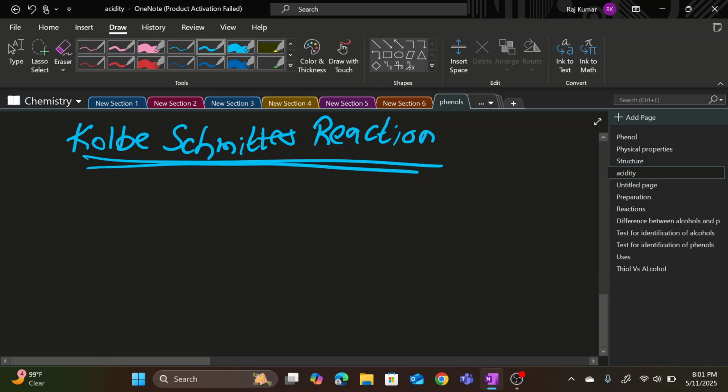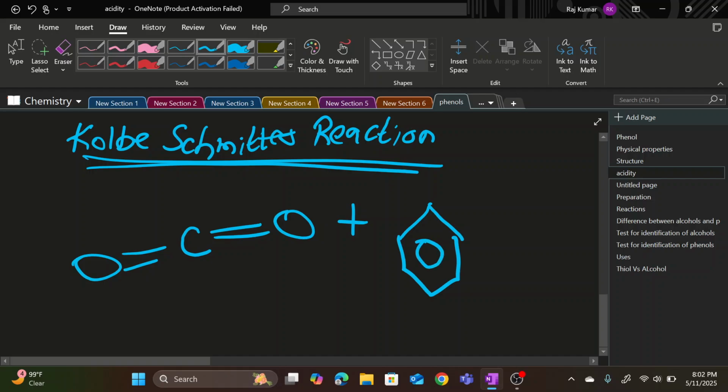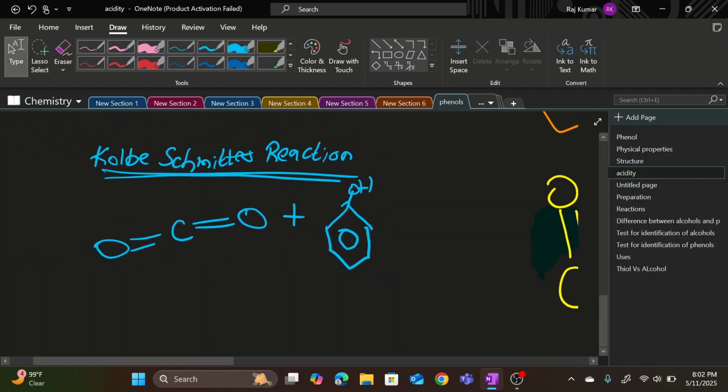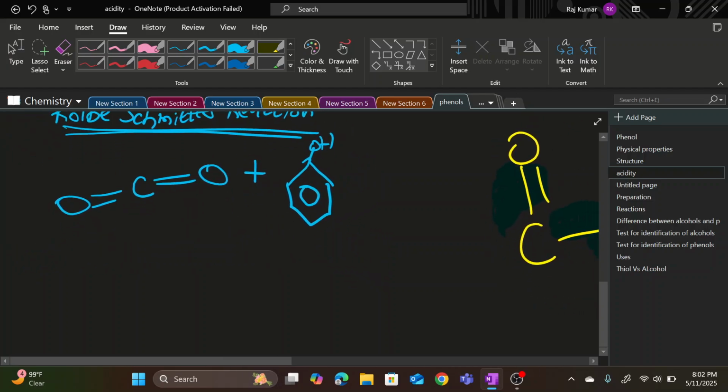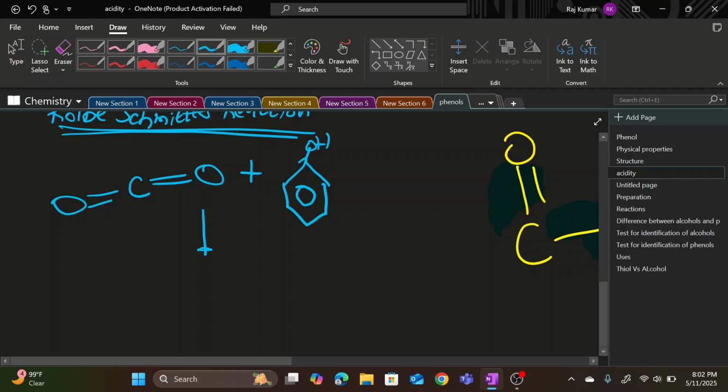This reaction basically includes a carbon dioxide molecule, and that carbon dioxide molecule reacts with a phenol, right?